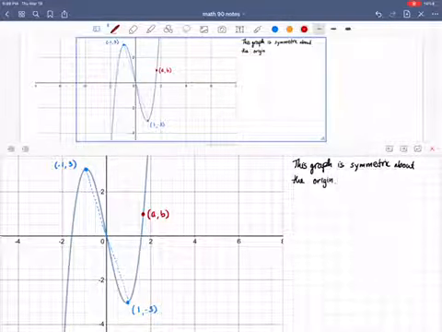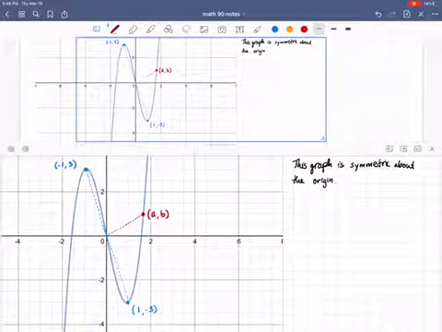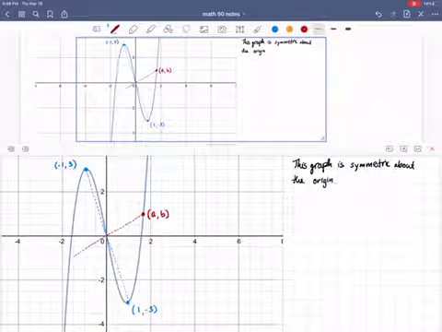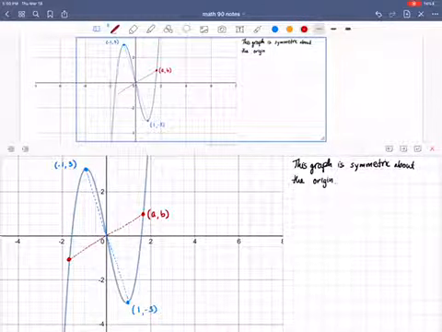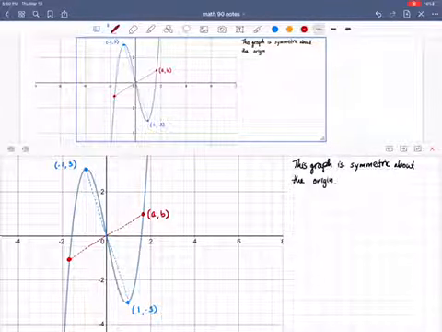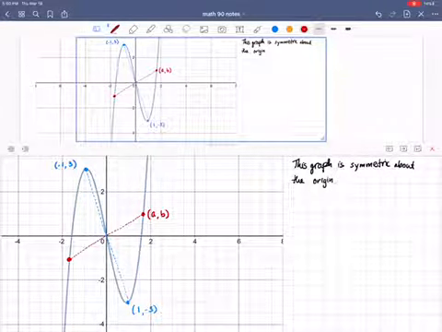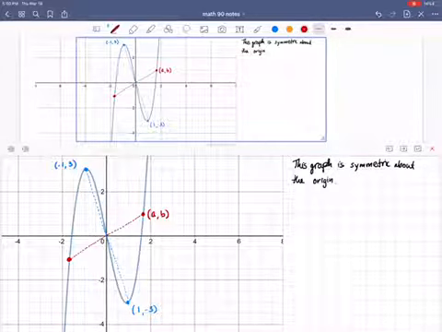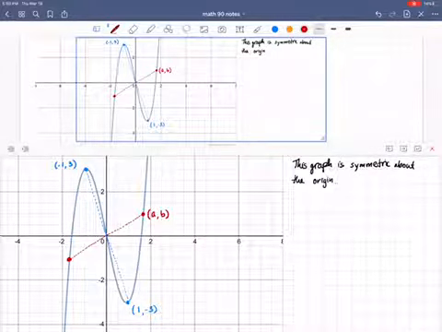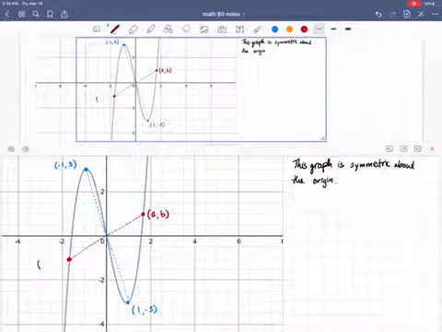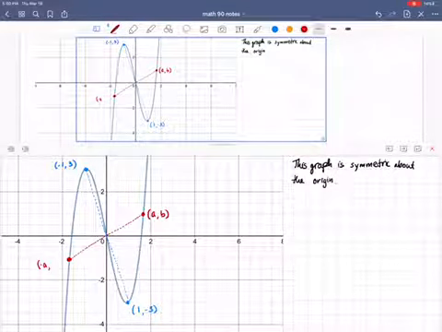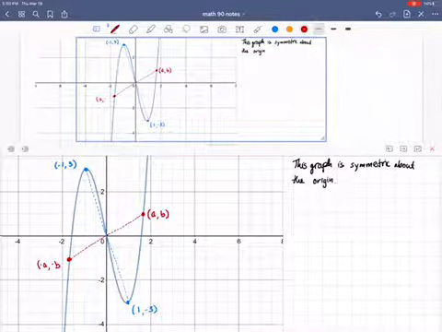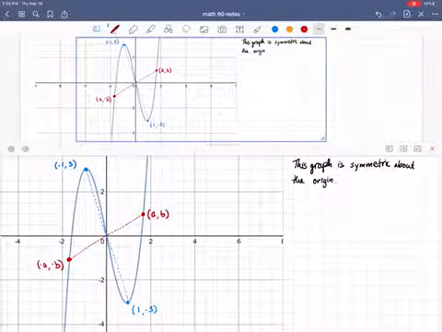I'm going to go down to the origin and then on over until I get to the analogous point, or the partner point, you could almost call it, on the other side. So again, I don't really know what a and b were, but clearly the point that I just drew, its x-coordinate is the opposite of what it used to be when we started, and the y-coordinate is also the opposite.